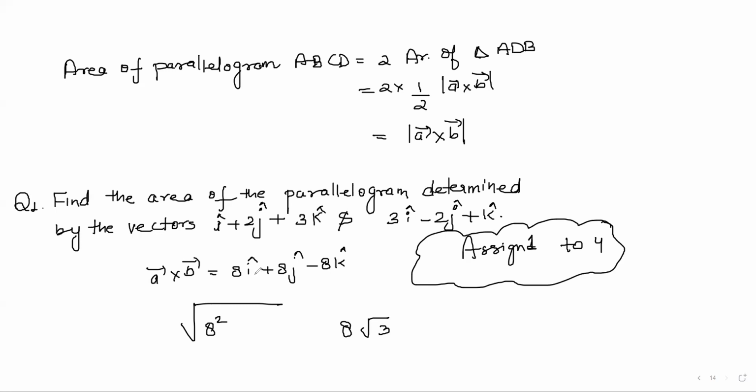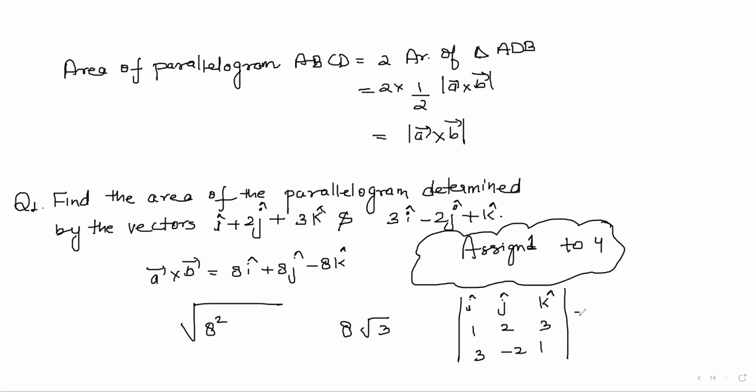Is it done, Abdur? No? Let me show this to you. i, j, k; 1, 2, 3; 3, minus 2, 1.